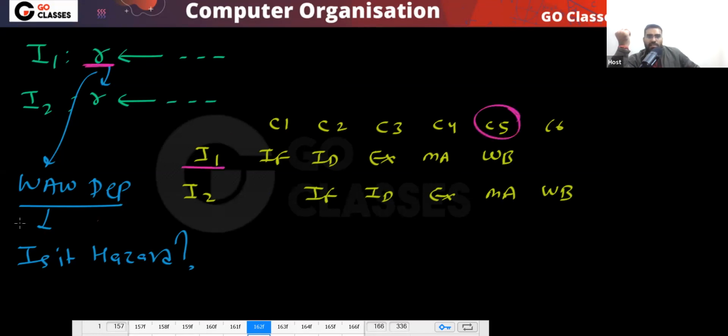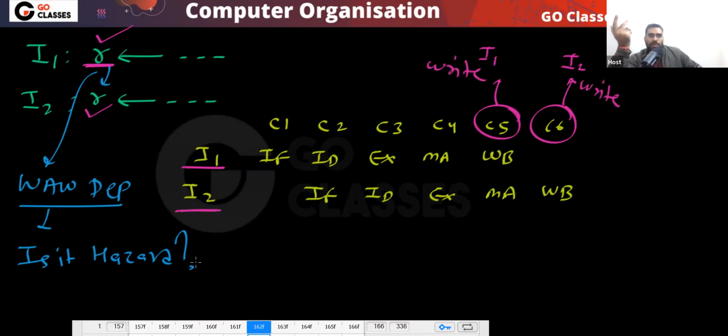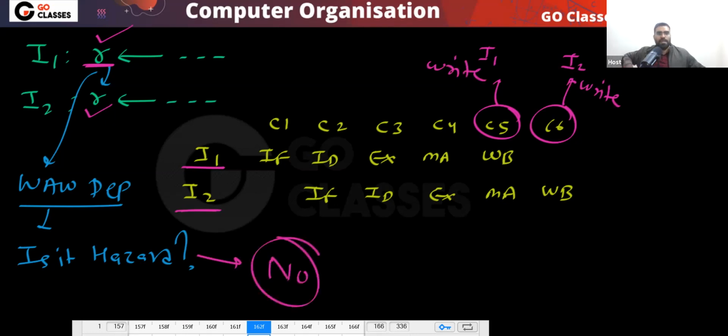I1 is writing here. Where is I2 writing? I2 is writing here. Is there any problem? Everything is perfect, right? I1 should write first, then I2 should write. That is happening. Here I1 writes, here I2 writes. So everything is perfect. Is this a hazard? The answer is no.